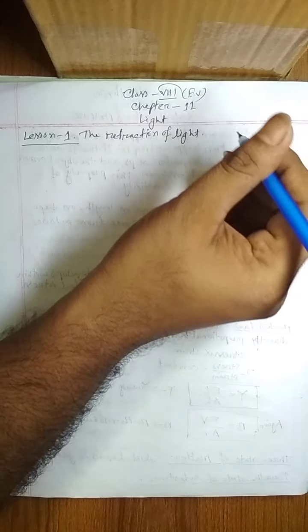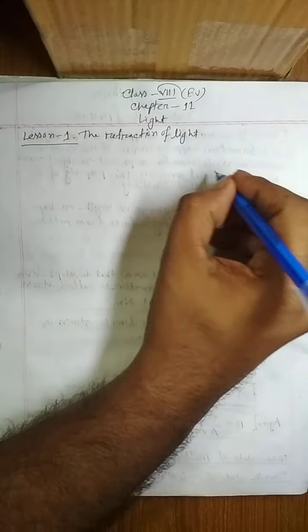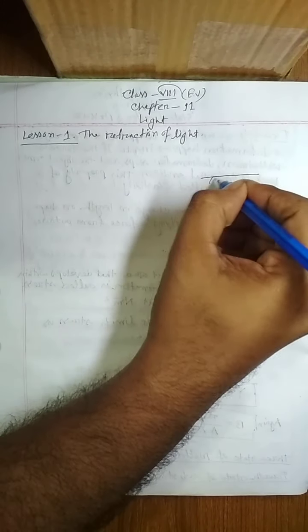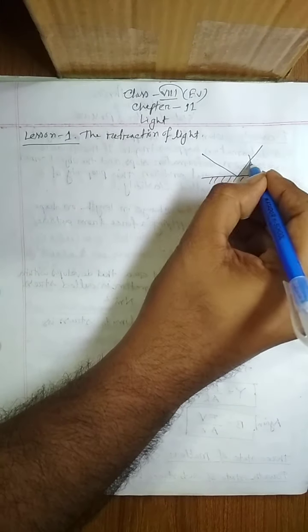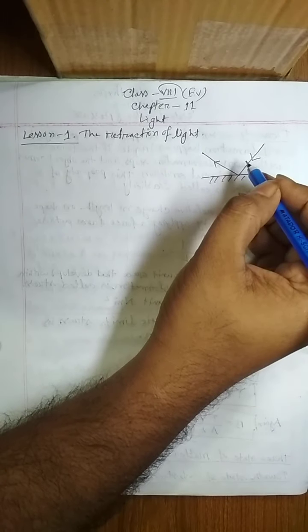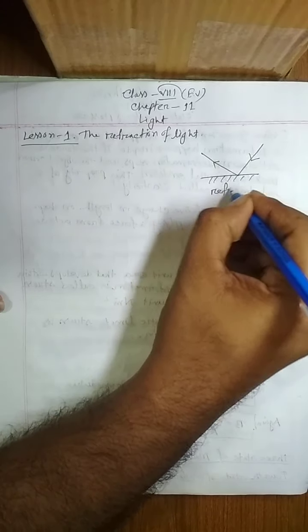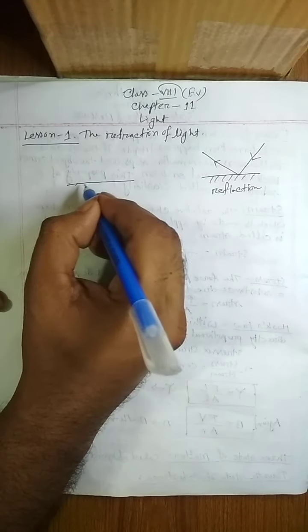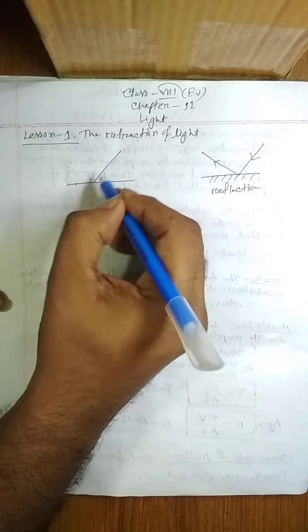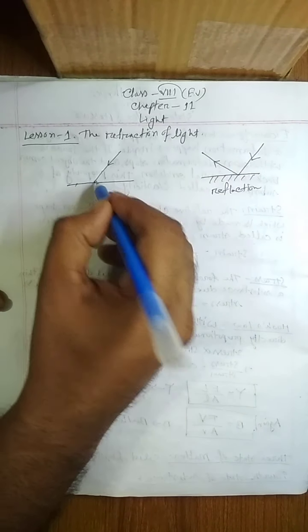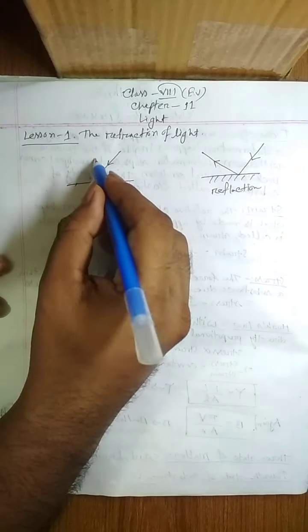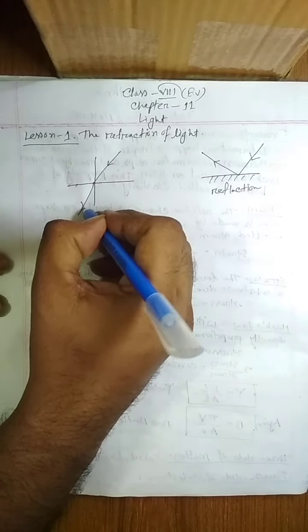When light hits a surface and bounces back to the same medium, this is called reflection. But when light hits the surface and goes through the surface, it is called refraction.